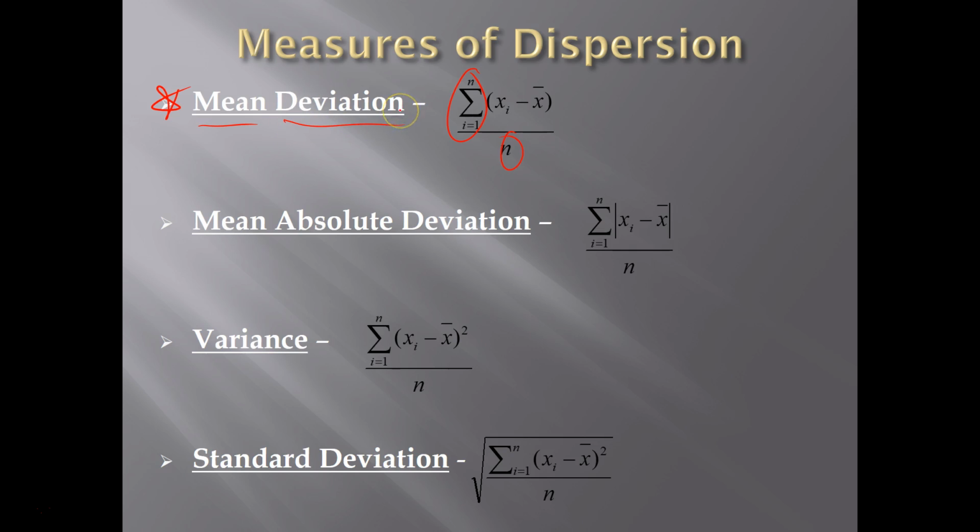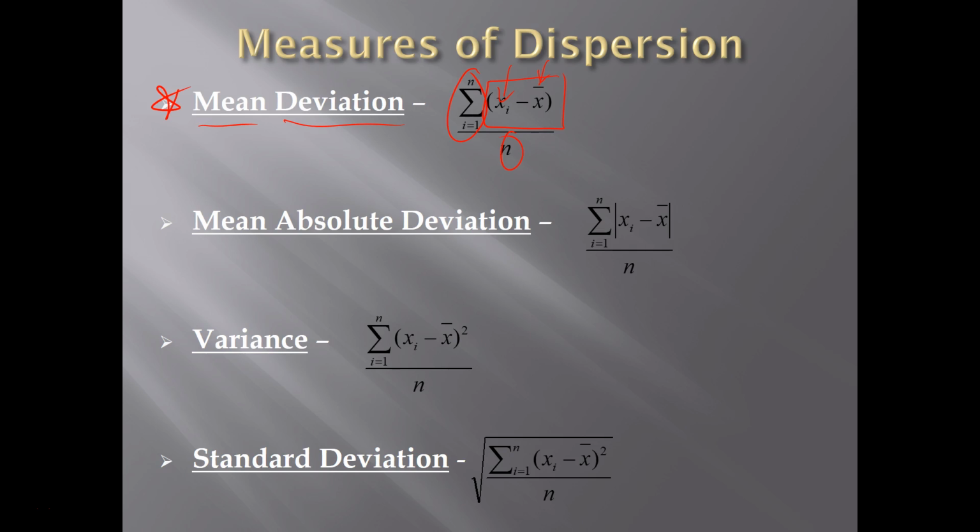This word right here, deviation, means how far is it deviating away from the mean? And that's what's happening here. In this section, what you're doing is taking your x values, there it is, xi, and then you're subtracting x bar, that's the mean. So you're taking your data value and subtracting the mean. Now, if the data value is greater than the mean, this number will be positive.